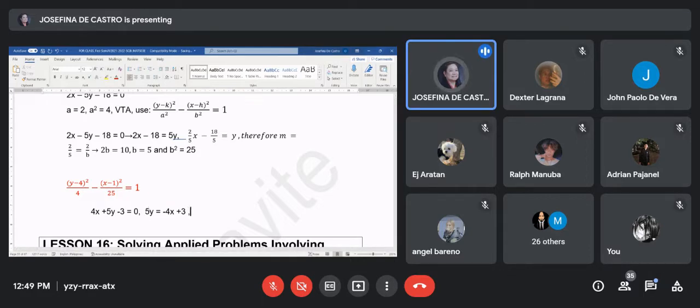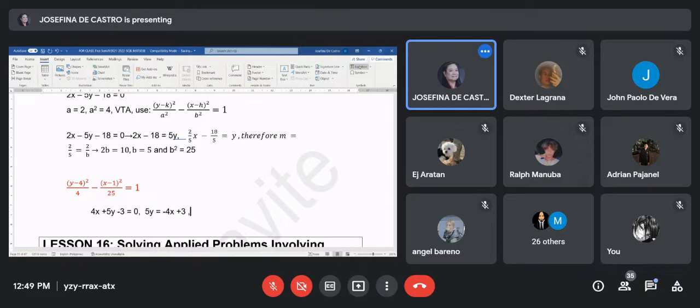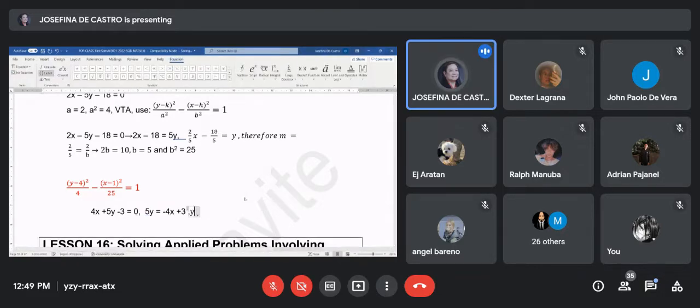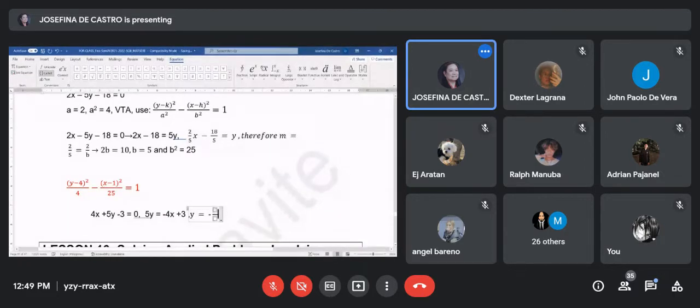Then, divide mo by 5 para matanggal dito si 5, maging y lang. So, y is equal to negative 4 over 5 x plus 3 over 5.